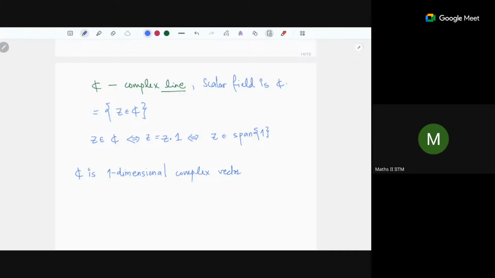When I say complex vector space, that means my scalars are coming from complex numbers. That means you can think of any complex line as a span of 1, because my scalars are complex numbers.